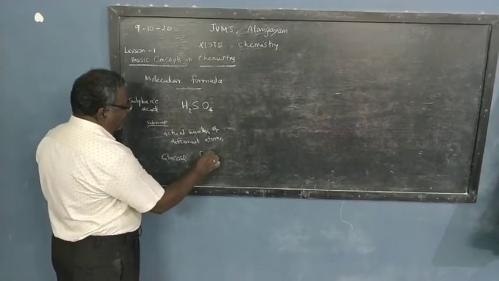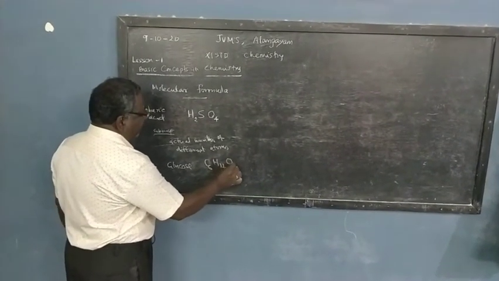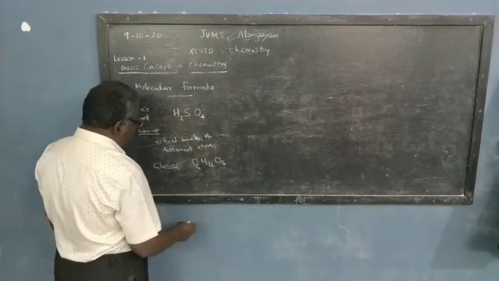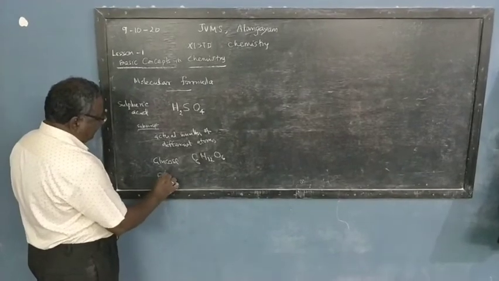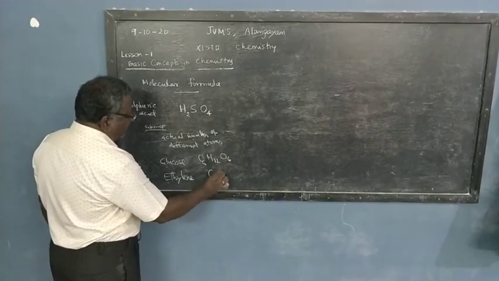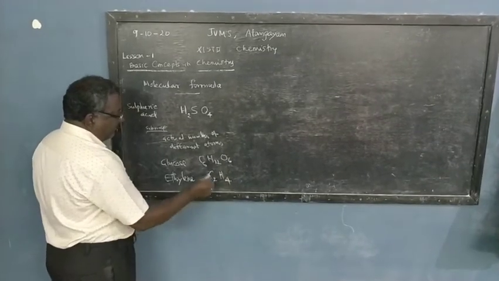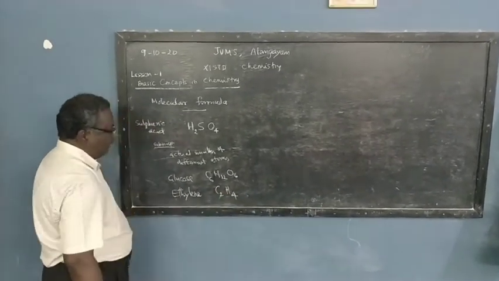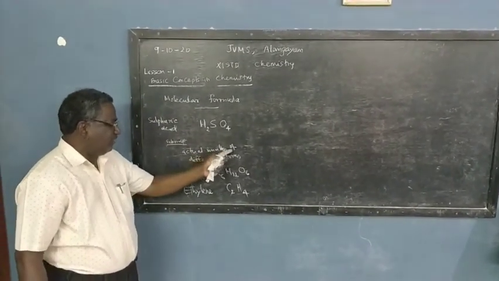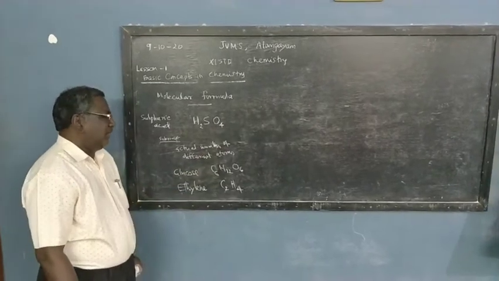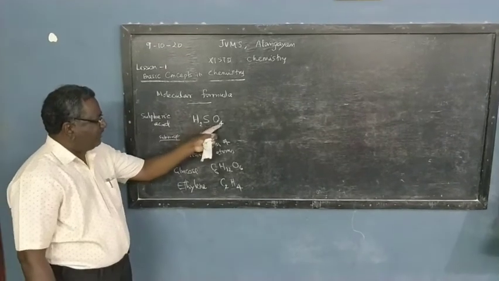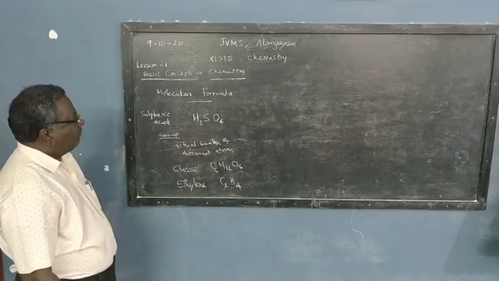It is C6H12O6. That means it has 6 carbon, 12 hydrogen, 6 oxygen. If it is ethylene or ethene, it is C2H4. That means it has 2 carbon and 4 hydrogen, right? So the molecular formula gives the actual number of different atoms present in the molecule, represented as subscripts in the given formula.